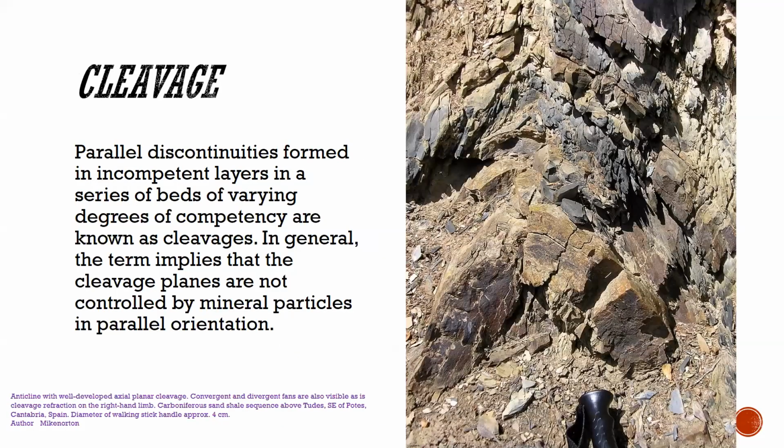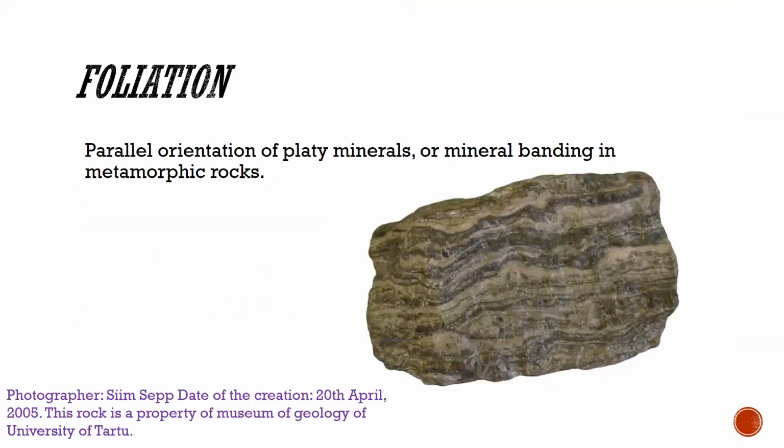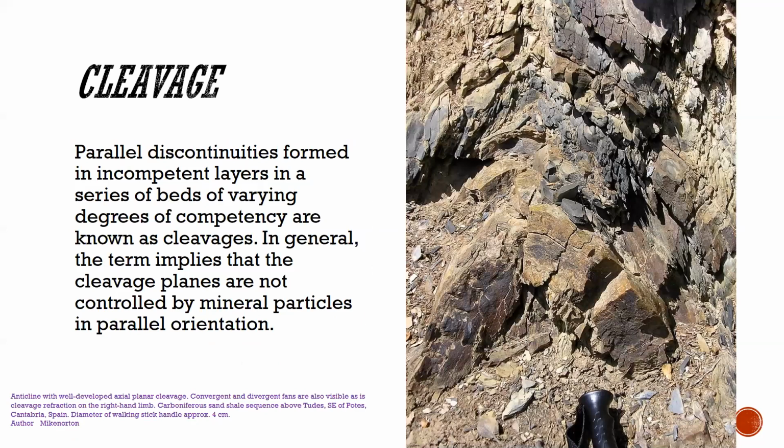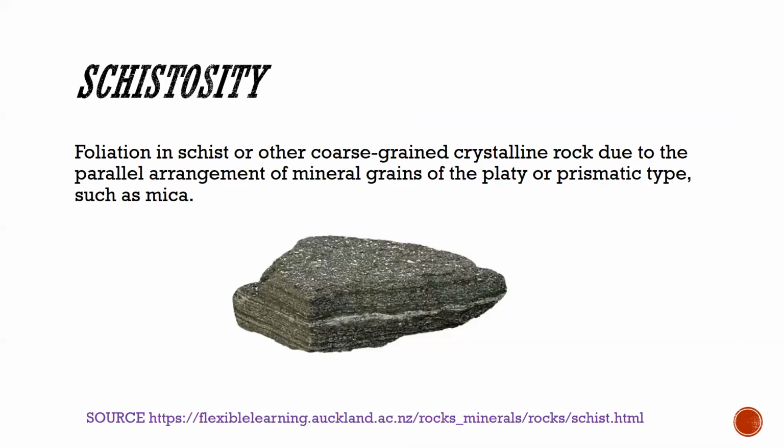But cleavage is also the same formation, one set cleavage, two set cleavage, compared to schistose. This is basically only for crystalline rock, and it is observed majorly for metamorphic rock. Okay.